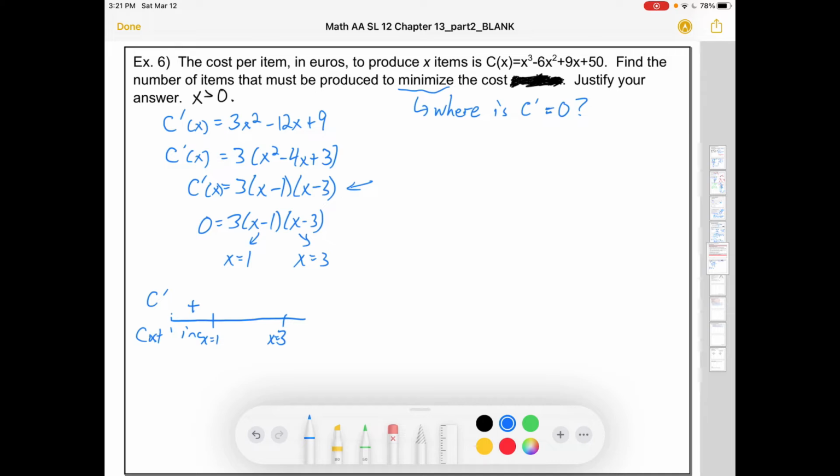If I put in something between 1 and 3 into this C prime, I'm going to get 3 times a positive times a negative. So C prime will be negative, cost is decreasing. So what we learned there is that over the first little interval, cost is increasing. You've got a max at x equals 1, which is not what we're looking for.